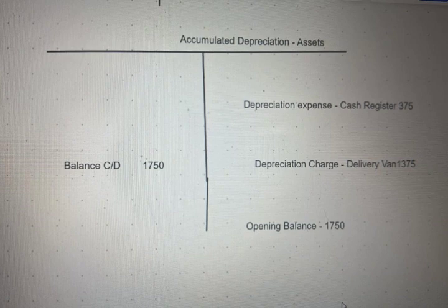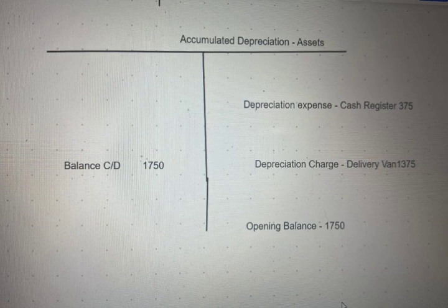Hence the total depreciation we have charged is 1,750, I believe. Yeah. So here you will close the account. Here you will get your balance carried down because this is the lesser side. So you will put your balance carried down of 1,750.